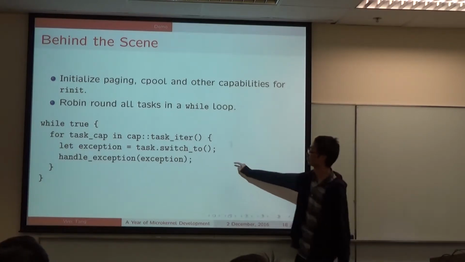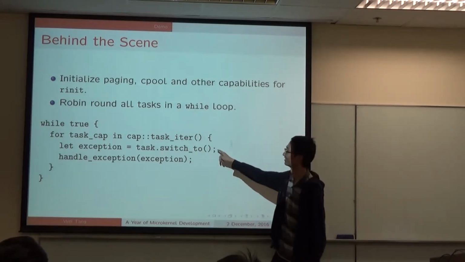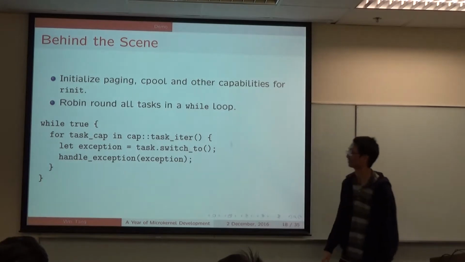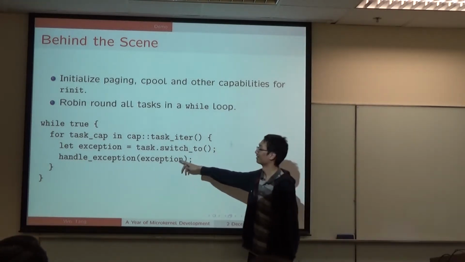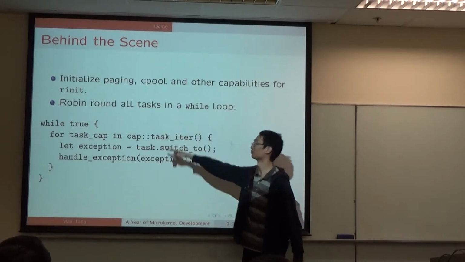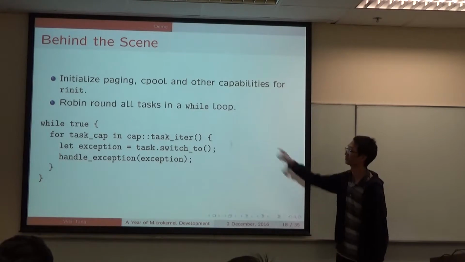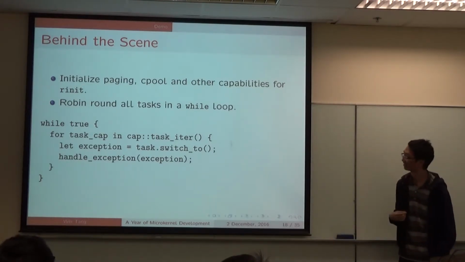And I want to make this function actually return, and it gets back to me an exception. So then I just do a handle exception and then continue to do this while loop. So that's currently how this scheduling is handled. So just rough around scheduling, but it actually works.